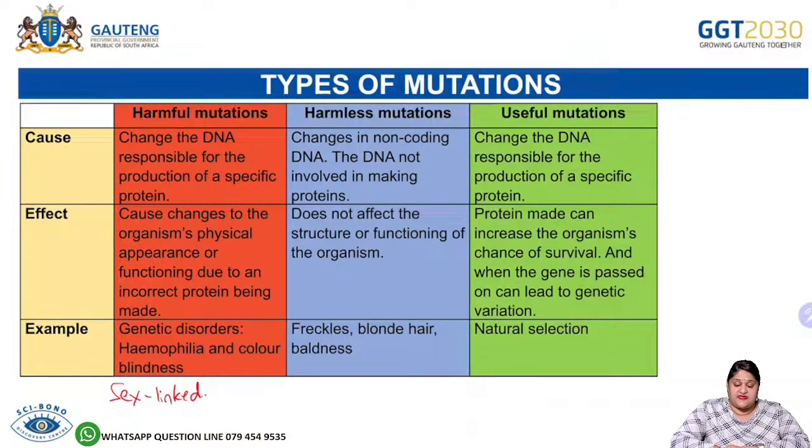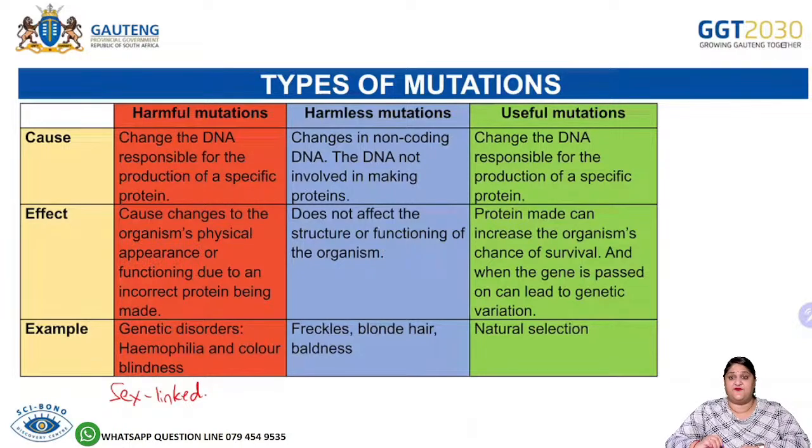The cause of these are changes in the non-coding DNA, the DNA not involved in making proteins. So these ones are harmless and don't affect the DNA that makes proteins. Not all of our DNA is responsible for making proteins. And the effect is that it does not affect the structure or functioning of the organism.